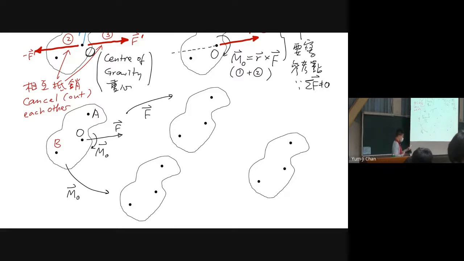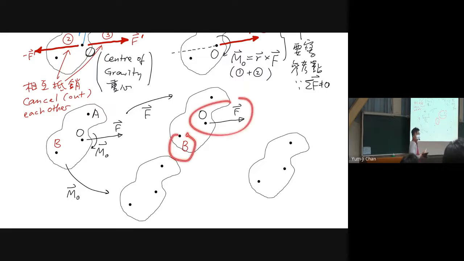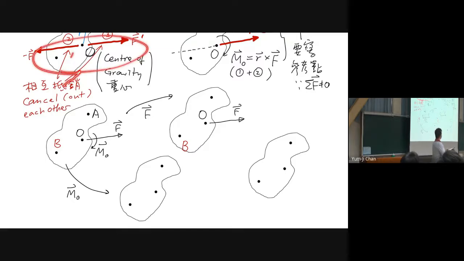Originally, at the beginning, we have F here, and now we want to move everything to point B. So what should we do with this single force F when we move it to point B? We use the same method as here, and we simply put two forces here, right?